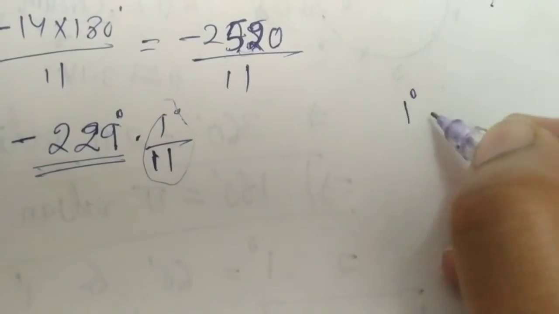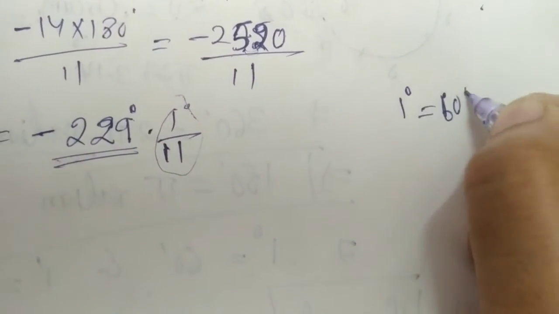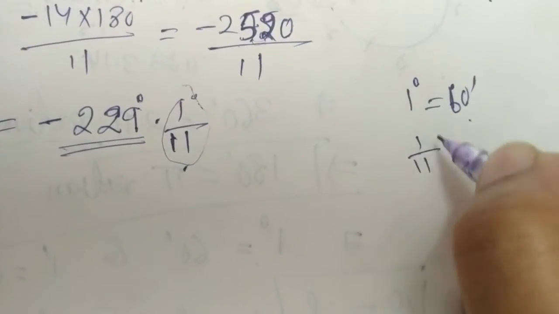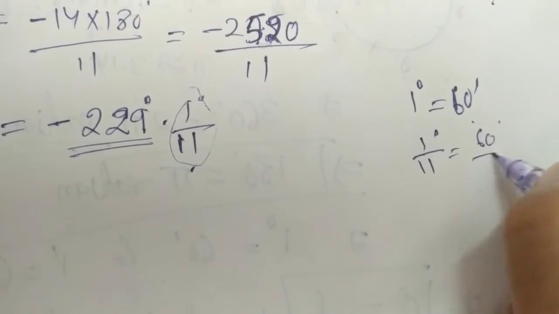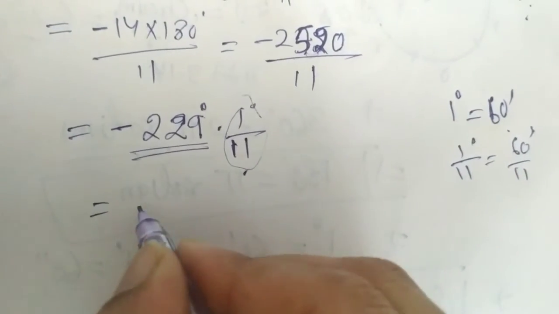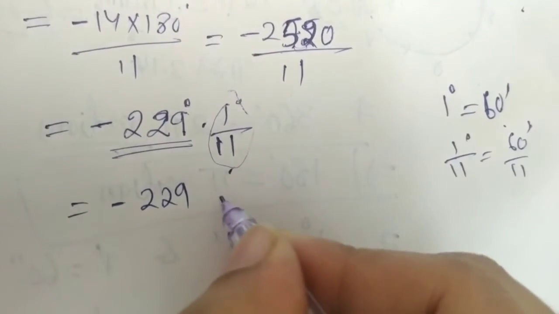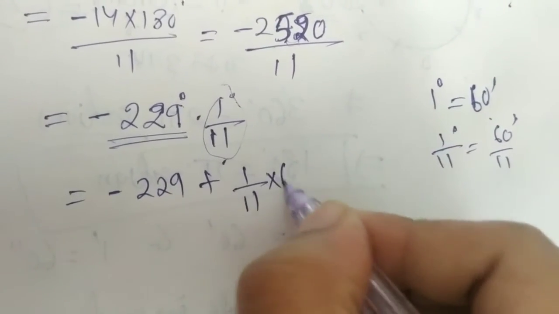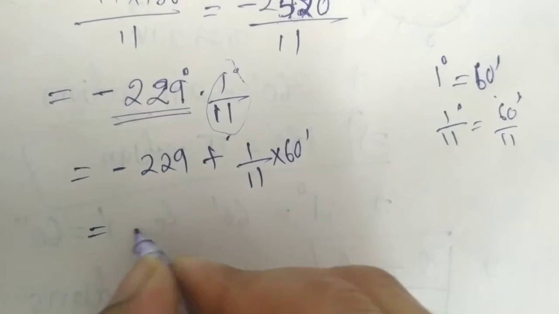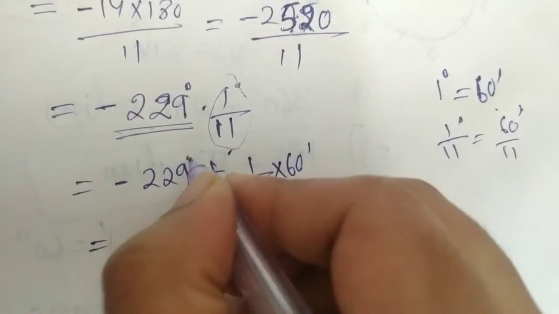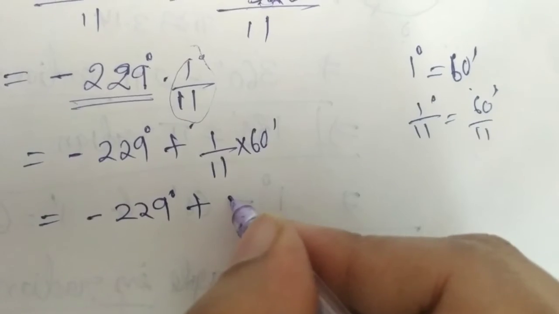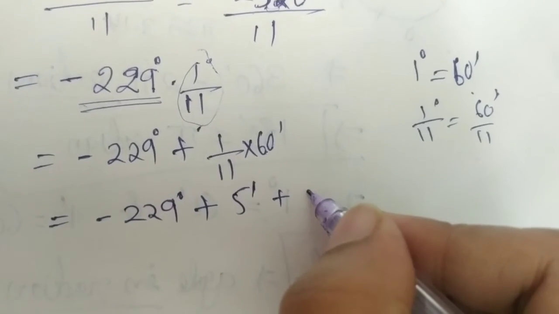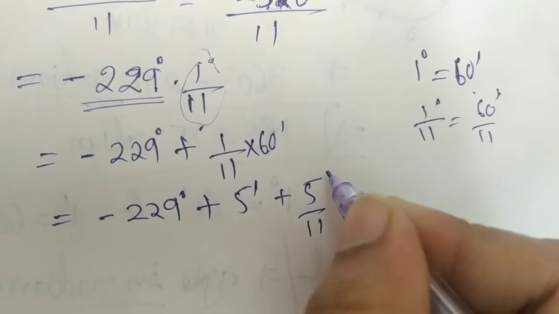So we know that 1 degree is equal to 60 minutes. I use this property. So 1 upon 11 degree will be equal to 60 upon 11 minutes. So I got here minus 229 plus 1 upon 11 degree multiplied by 60 minutes. Minus 229 degrees plus 5 minutes, and again we are left with 5 upon 11 minutes.